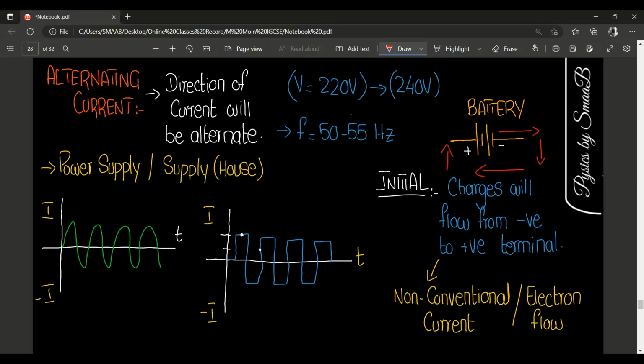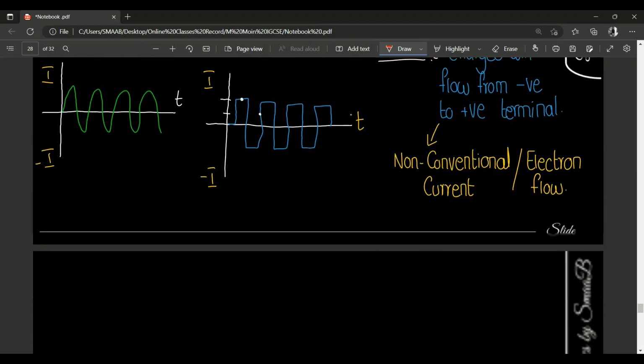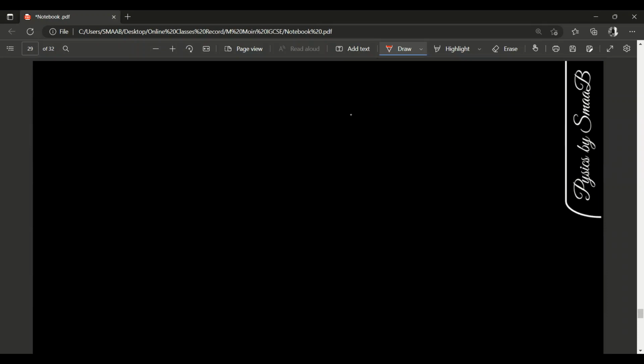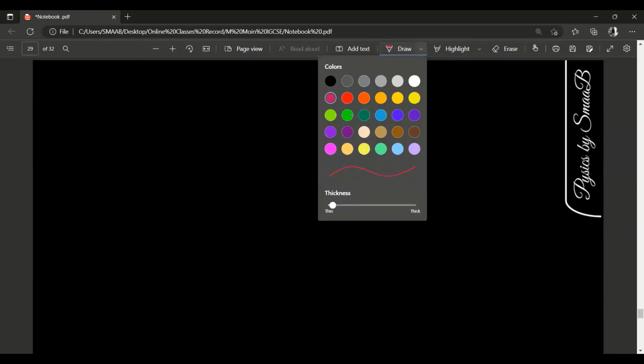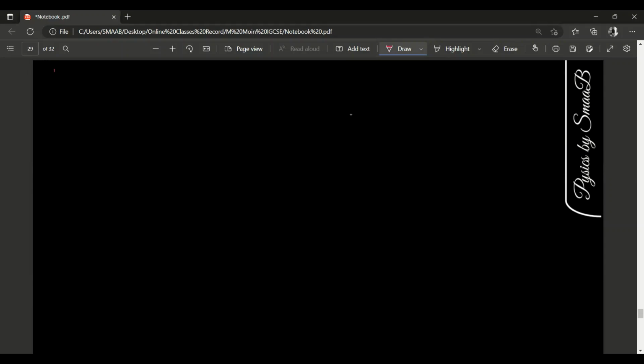But in our normal circuits, current will flow from the positive end, because electrons are free to move and only positive charges have high potential because they are fixed in the nucleus. So that's why, due to the force of attraction, current flows from the positive end. You just need to remember that in our circuits, current will only flow from the positive end, and that concept is known as conventional current.